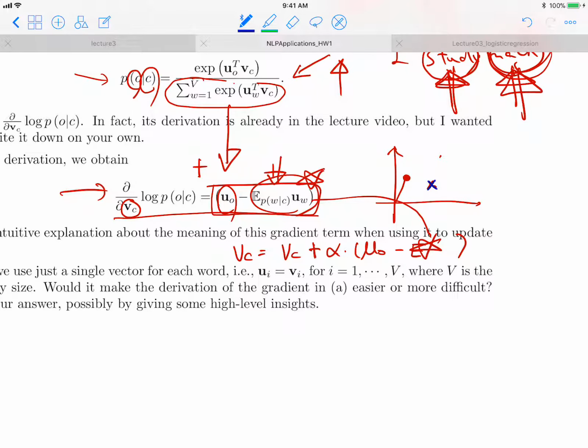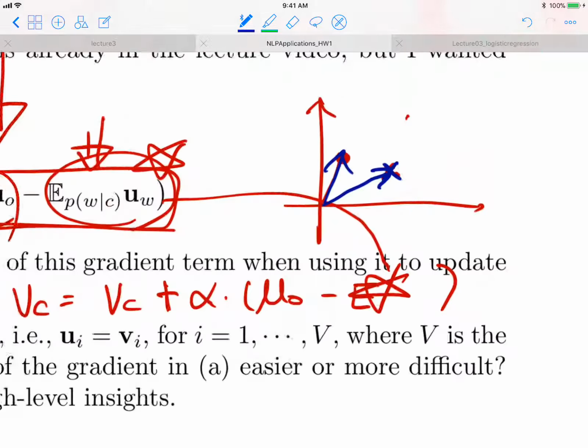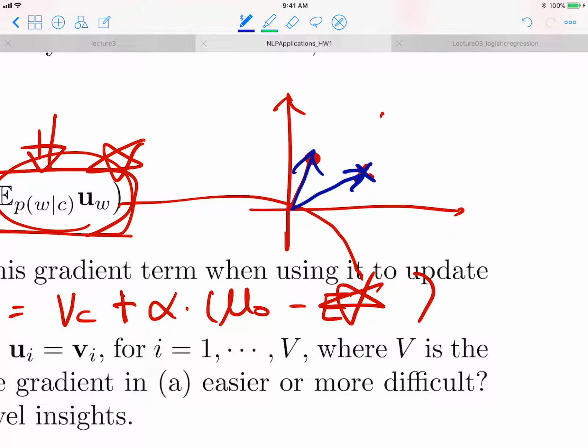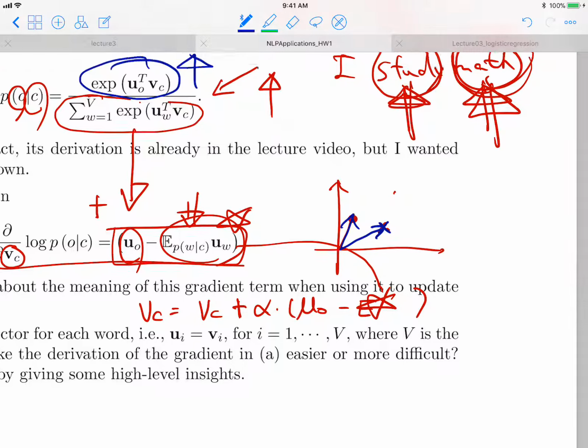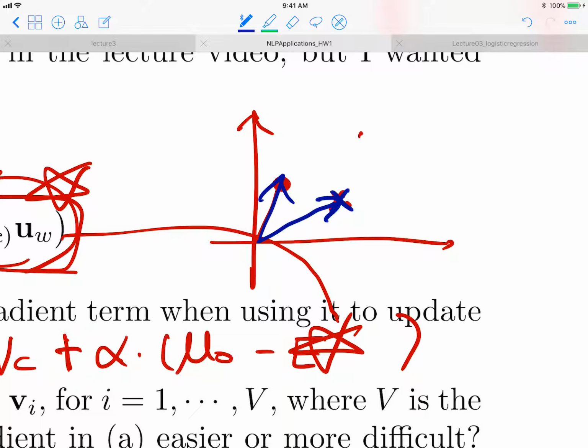Last time I mentioned that to increase the inner product between these two vectors, and eventually increase this numerator, one way, based on cosine similarity, is to minimize the angle between them, rotating VC a little bit towards UO.